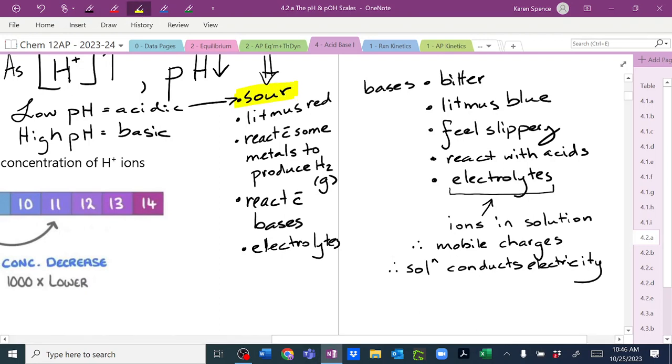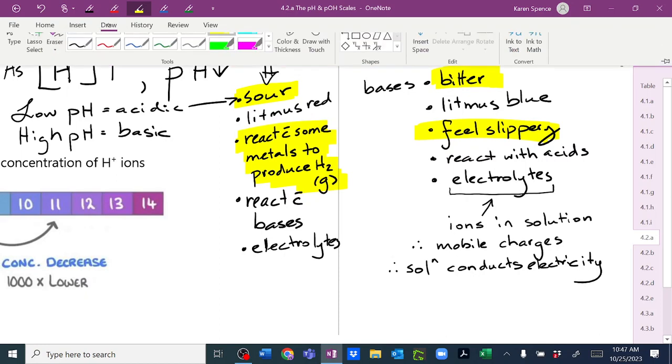So sour, bitter. Litmus red, litmus blue. React with some metals to produce H2; feels slippery. Those ones don't match up. React with acids, react with bases.